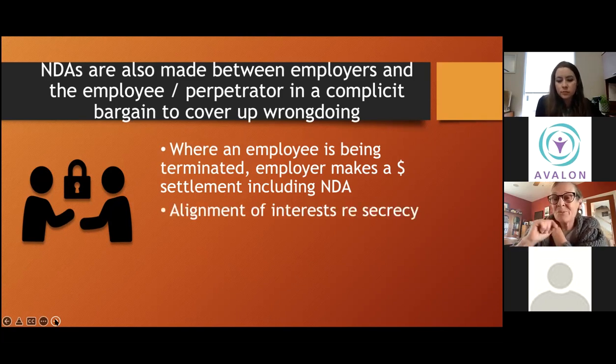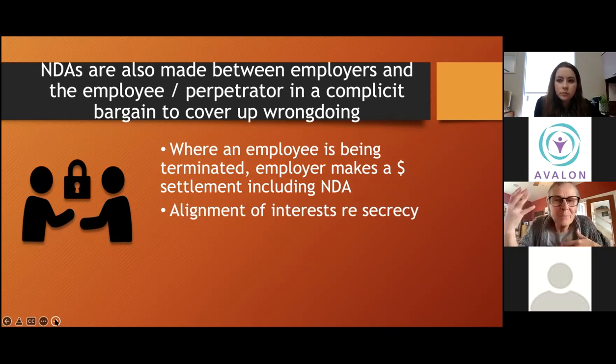If you think about why this is happening, it's because there's an almost perfect alignment of interests here. Obviously, the perpetrator does not want their identity or what they did divulged. They want to move ahead with their career. And in these cases, of course, they are enabled to do so. But the employer also has an interest in covering this up.